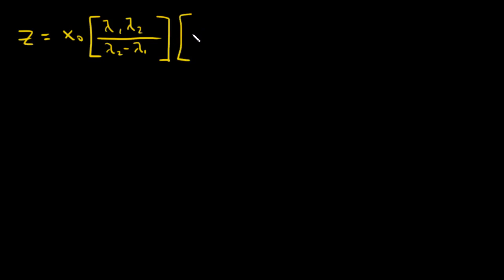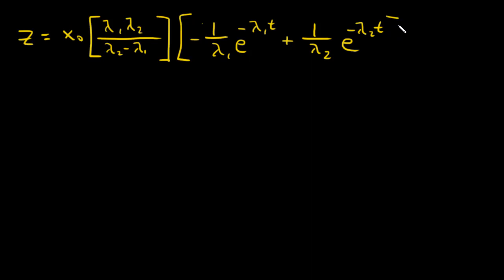Inside of here it's going to be negative 1 over lambda 1 times e to the negative lambda 1 t plus 1 over lambda 2 times e to the negative lambda 2 t, and then plus my constant, which is x naught.